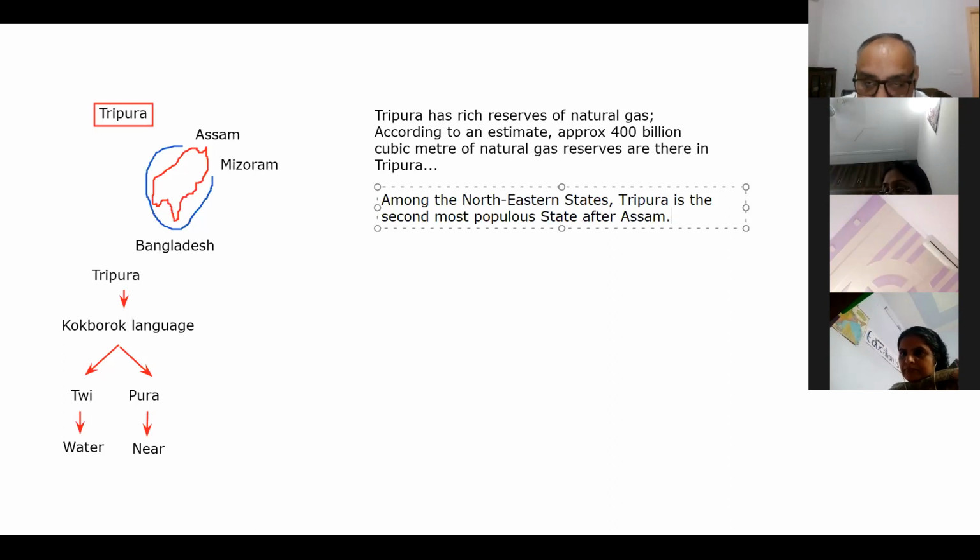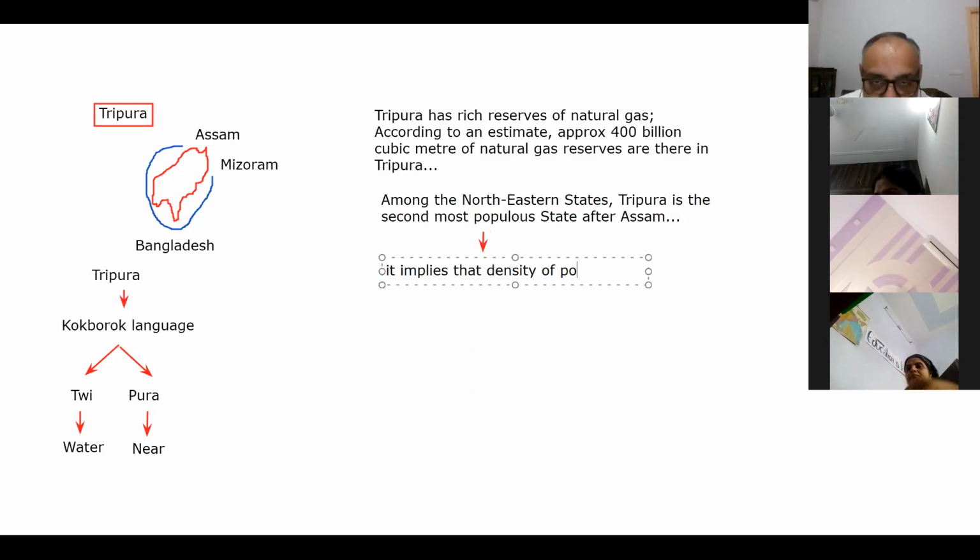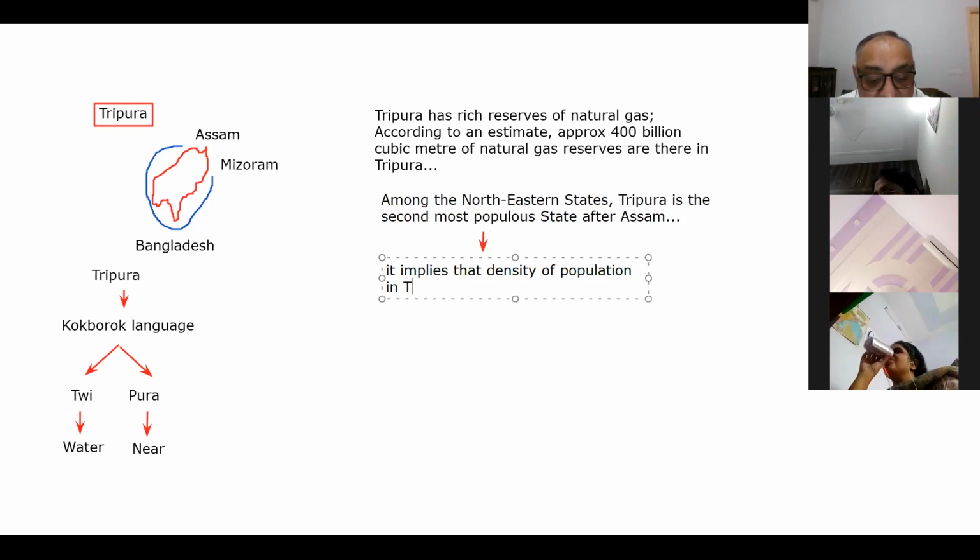So बेटा देखो, छोटी सी जो स्टेट है, और इसमें पॉपुलेशन असम के बाद सेकेंड लार्जेस्ट नॉर्थ ईस्ट में. तो what does it indicate? It implies that the density of population in Tripura is very high.